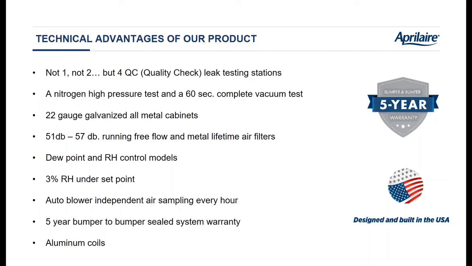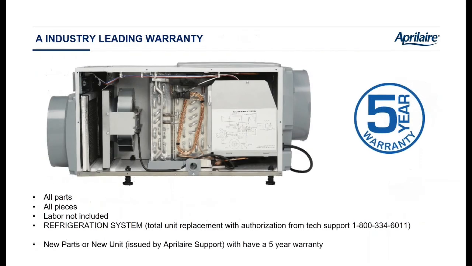And as I mentioned before, we've gone to all aluminum coils. Here's a little bit more detail on that. Again, not labor, parts for 5 years, and if it's anything with the refrigeration system, what we call sealed system failure, tech support will figure that out for you, and then we would authorize a unit to be pulled from your distributor's inventory.